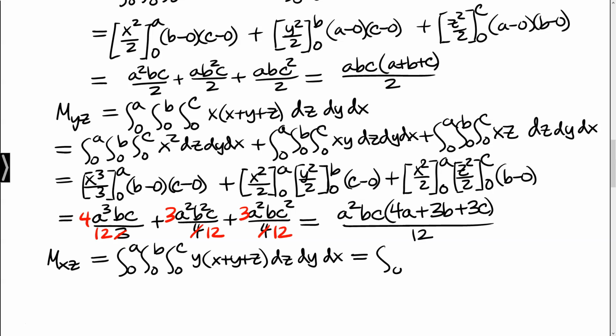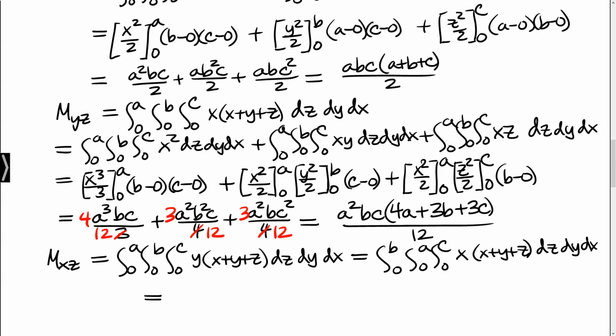This is the same as the integral from 0 to B, integral 0 to A, 0 to C of X. So all I've done here is interchange X and Y, and then that means that I need to interchange A and B. And so the overall effect is I get exactly the same result that I would before, except I have to switch the role of A and B. So what does that give us?